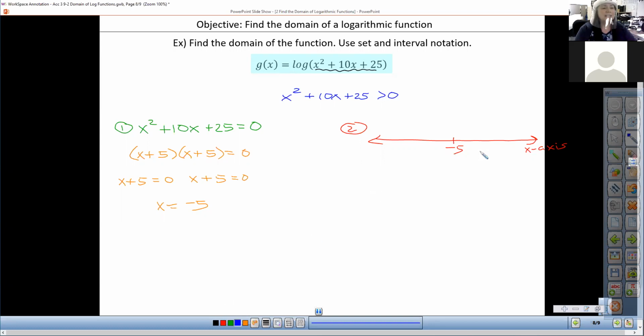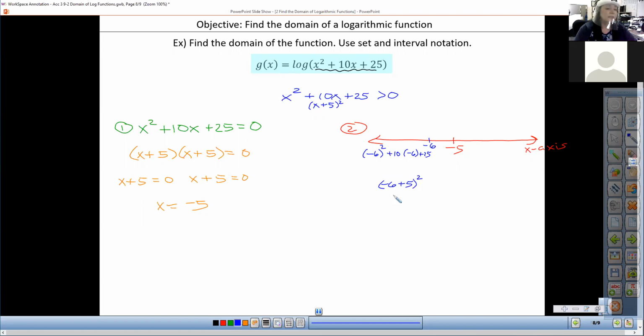So I want to test each of these. I want to pick a number that is, say, smaller than -5, like -6, and plug that in. And you can use this, or you can use the factored form, which is x plus 5 quantity squared, because we have x plus 5 times x plus 5. You can use either one. So you can go -6 squared plus 10 times -6 plus 25, or you can do -6 plus 5 quantity squared.